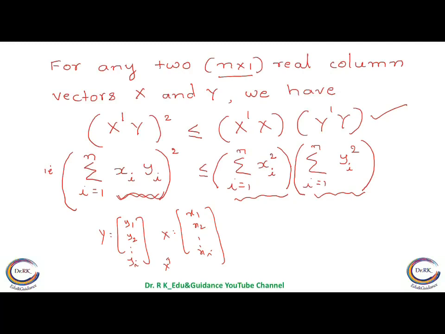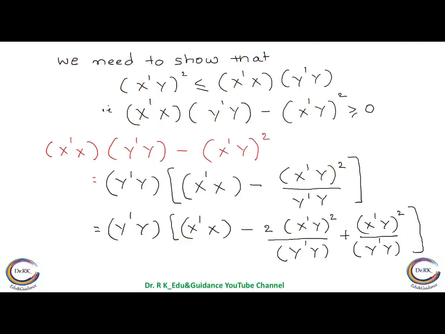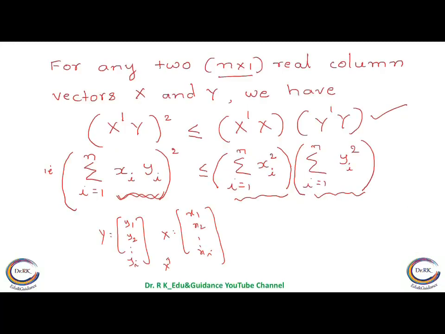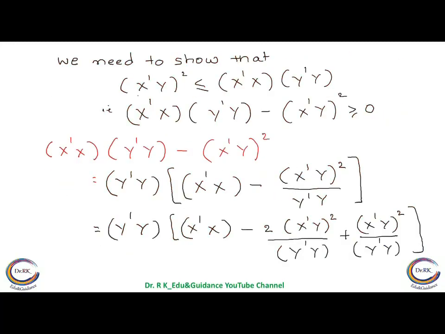Now we need to show that (x transpose y) whole squared is less than or equal to (x transpose x)(y transpose y). If you just rewrite this, it is nothing but (x transpose x)(y transpose y) minus (x transpose y) whole squared greater than or equal to 0.